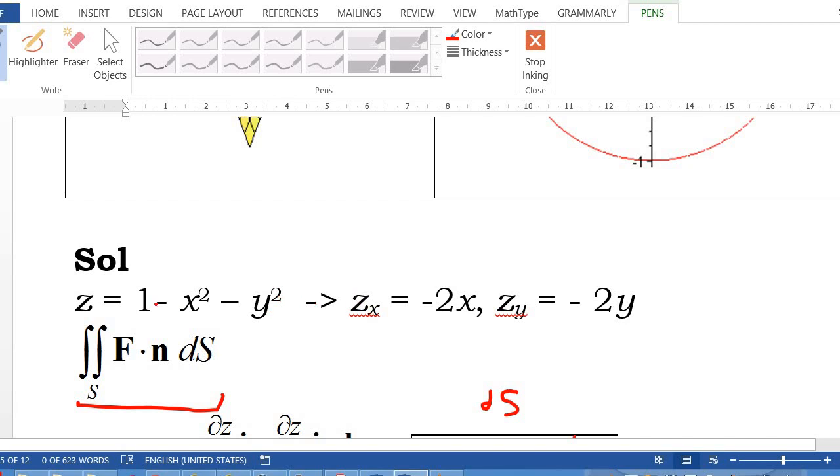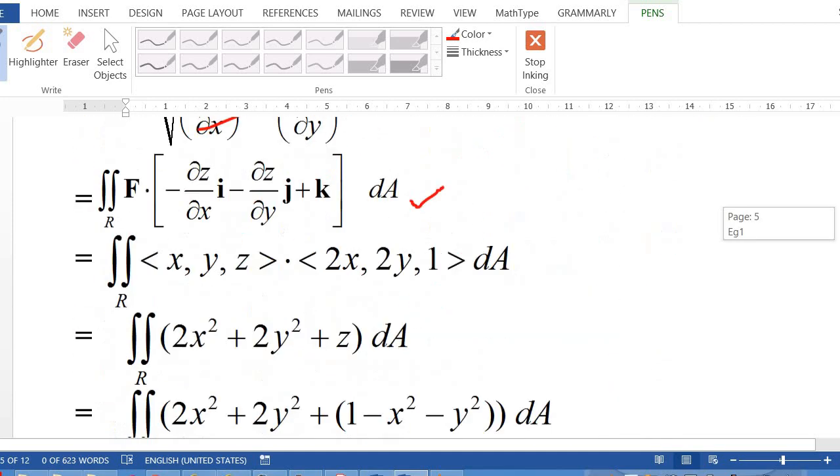Differentiating with respect to x: 1 gives 0, negative x squared gives negative 2x, and negative y squared gives 0. Similarly for y: 1 gives 0, negative x squared gives 0, and negative y squared gives negative 2y. So z_x is negative 2x and z_y is negative 2y.